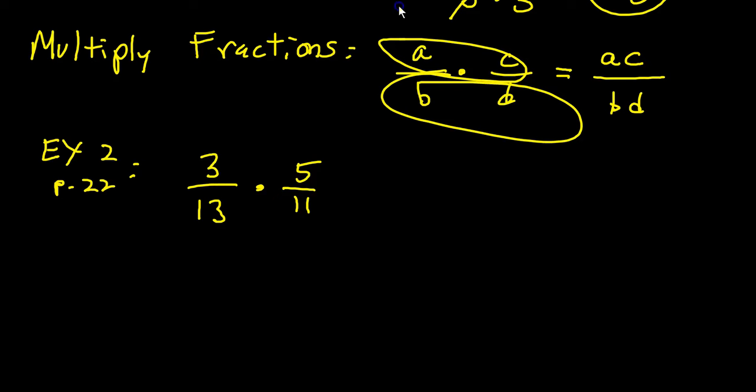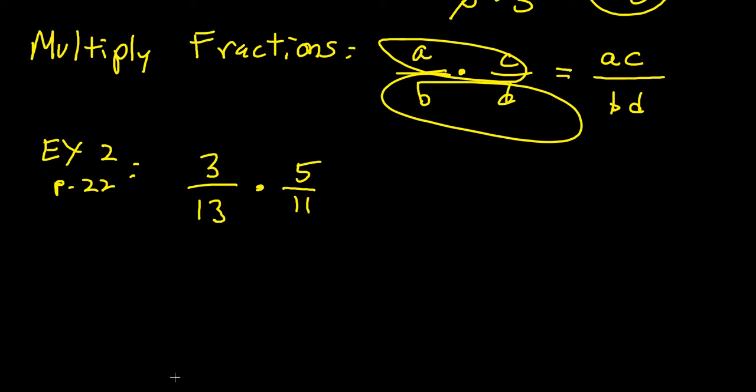There is no common factors that I can cancel out here. 11 is not a multiple of 3. 13 is not a multiple of 5. There's nothing I can really cancel out or cross-cancel here before I multiply.